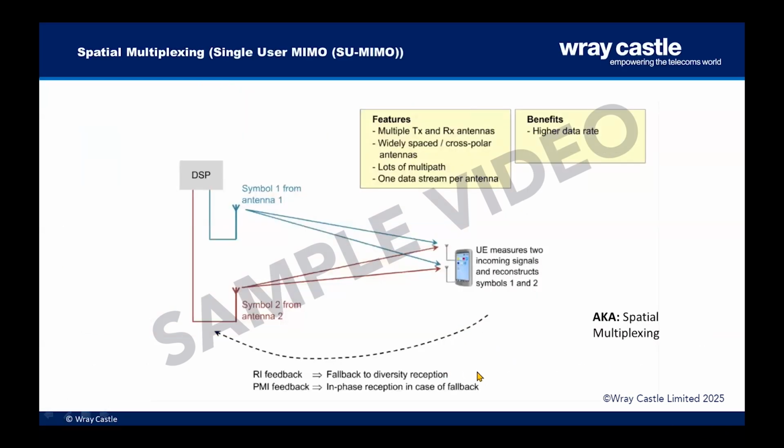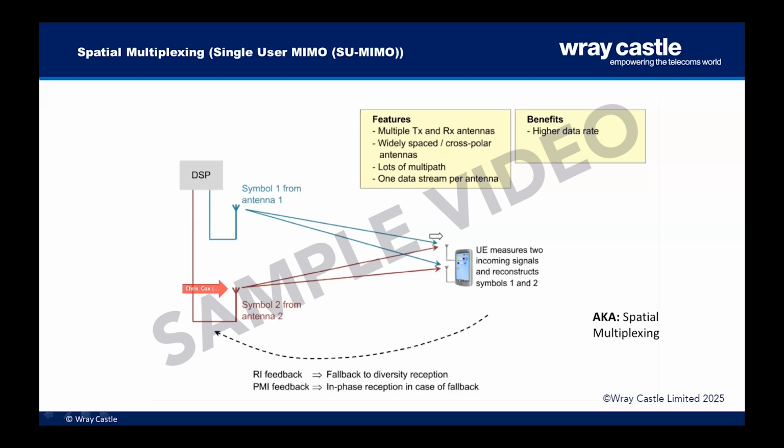I've been speaking about multiple user MIMO, but single user MIMO is still used as well. The traditional way of looking at single user MIMO, which was the typical viewpoint in 4G, was of, on the downlink, a base station transmitting two separate pieces of information from two antennas.